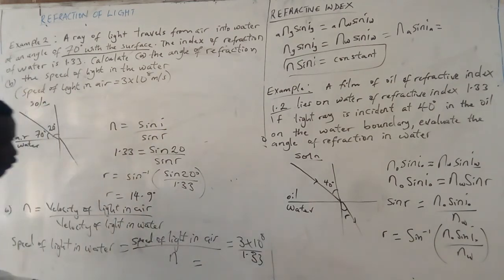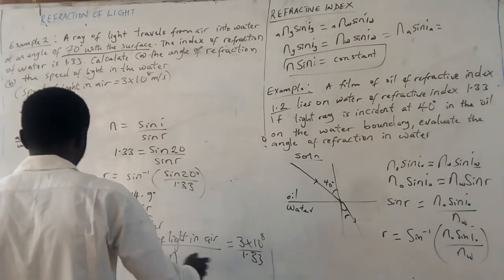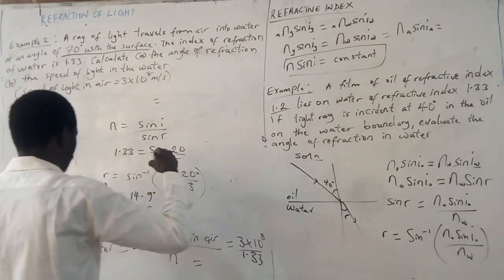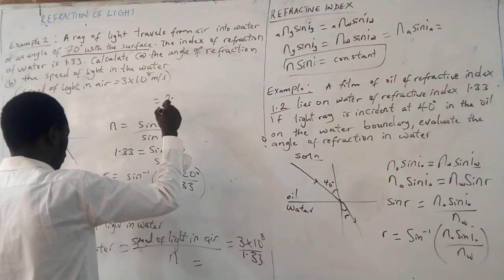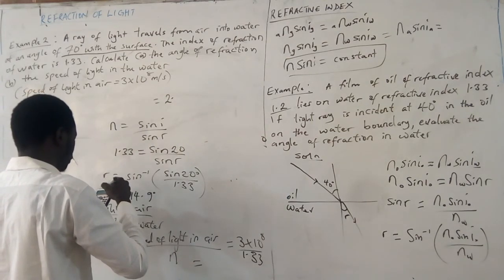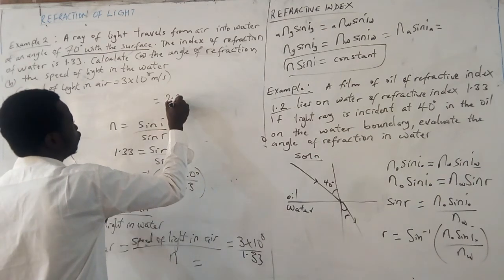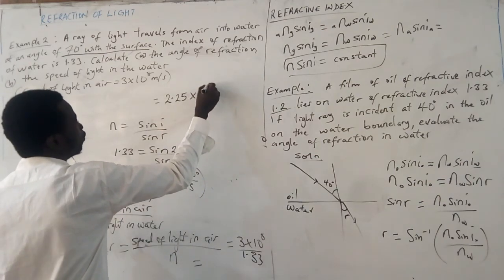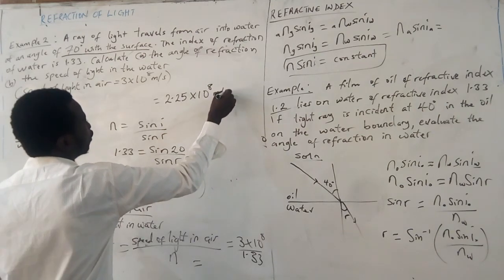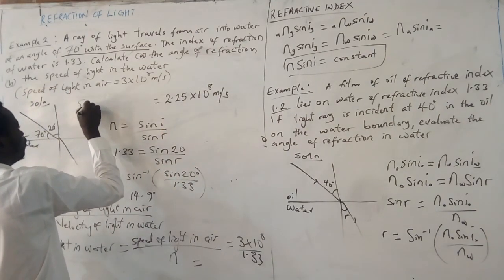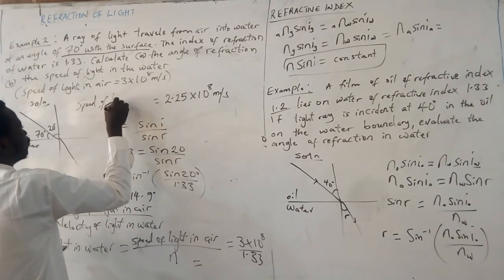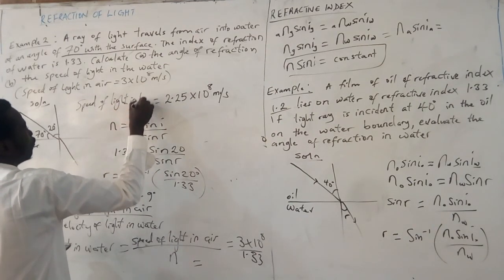So we do this now, and we will have the speed of light to be equal to 2.25 times 10 raised to the power 8 meters per second. So this is the speed of light in water.